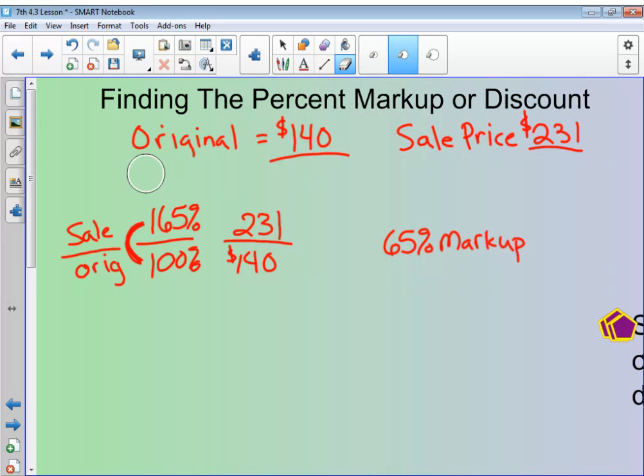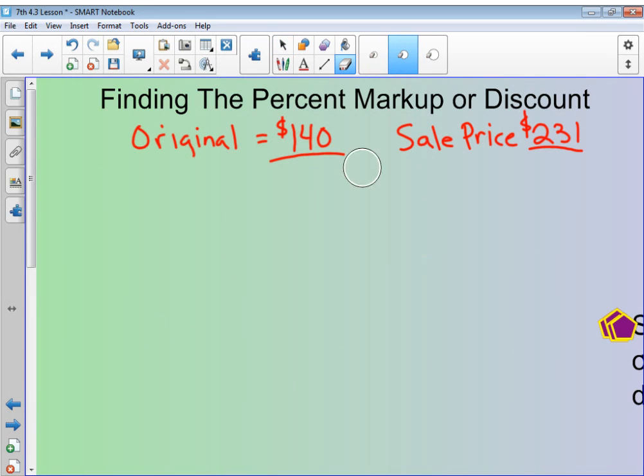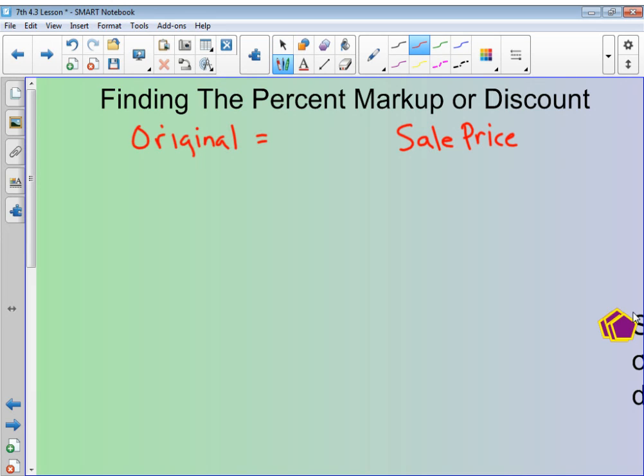Okay, I'm going to give you one more, and this one I want you to try on your own. Let's say we originally paid for a necklace $250, and we're going to sell that for $562.50.